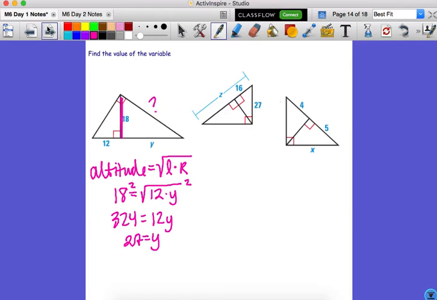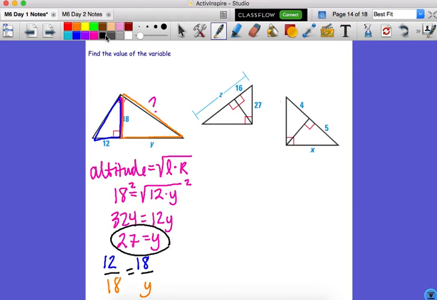If I wanted to use the similar triangles, I could have also said smaller leg, bigger leg for this triangle here is proportional to the smaller leg, bigger leg of this triangle. Set those ratios equal to each other and cross multiply. Either way, you should come up with the same answer, that y is 27.